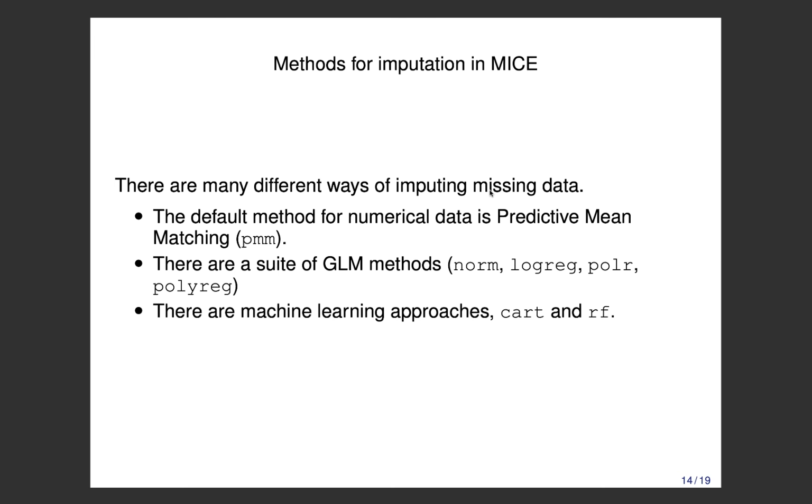So the default method for numerical data in the imputation procedure that we're going to use is called predictive mean matching, and we talked a little bit about that already. There are also a suite of GLM methods.